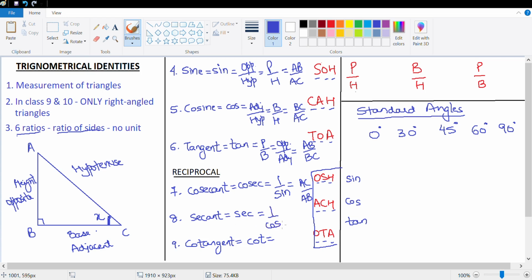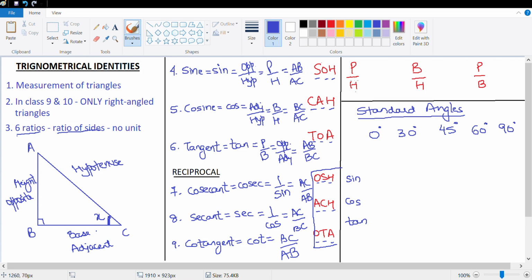This is a reciprocal of cos, and in this example it would be AC upon BC. And then the last ratio is cotangent, which is written as cot, which in this example will be BC upon AB.